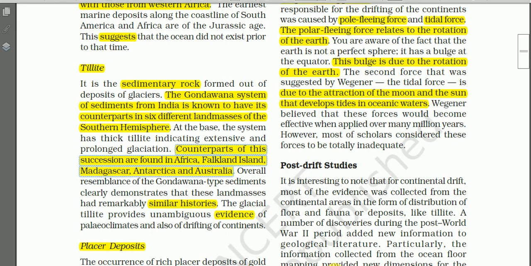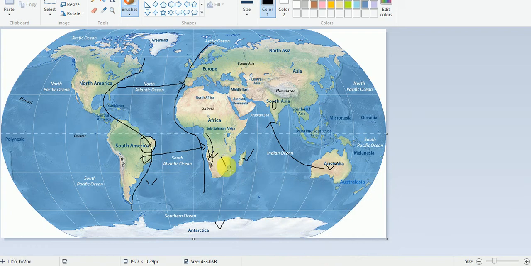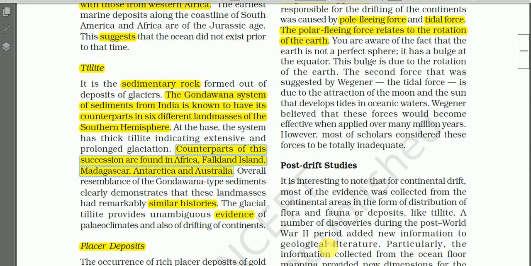It is found in Africa, Falkland Island, Madagascar, Australia, and Antarctica. So this proves that all these continents, all these landmasses, were joined together.